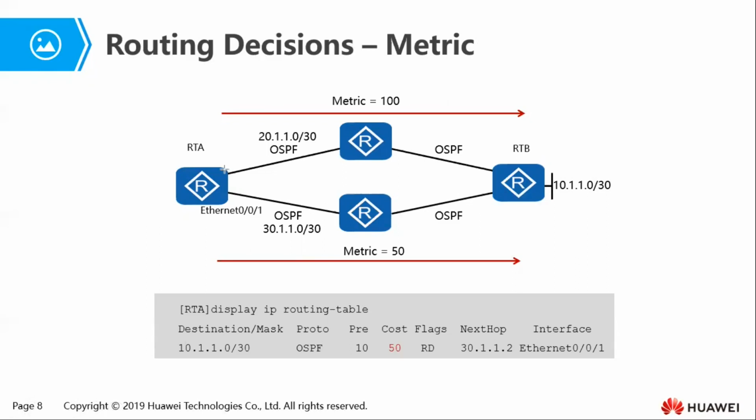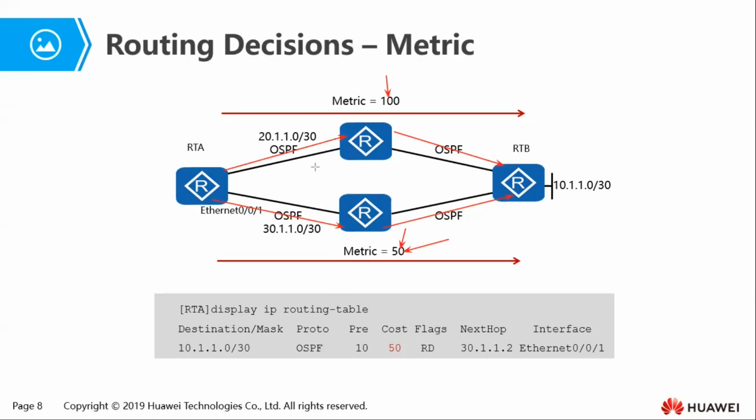Now, if this path has a metric of 100, while this path has a metric of 50, then we are going to use the one that has a lower metric value.